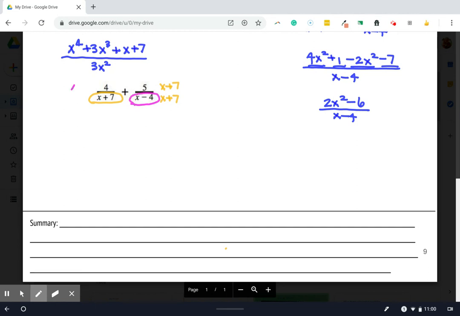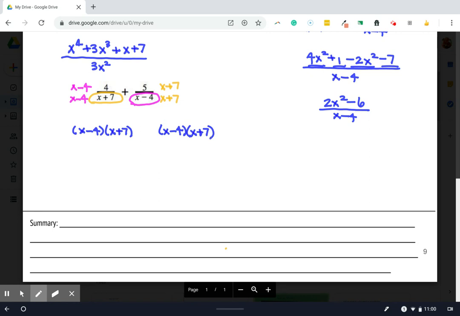So I'm going to multiply the first fraction by x minus 4. Okay? And in doing so, now I have two fractions that each have a denominator of x minus 4 and x plus 7. And I said don't FOIL, just leave it in terms of epic parentheses.